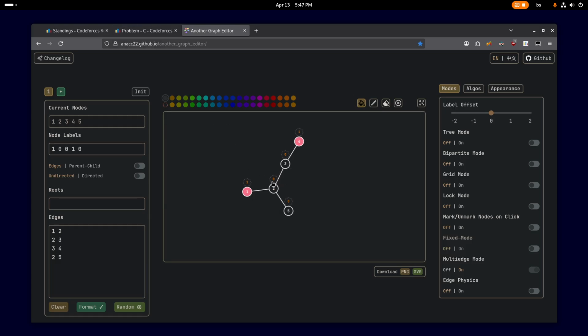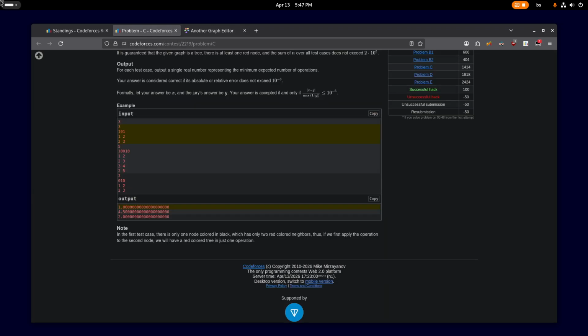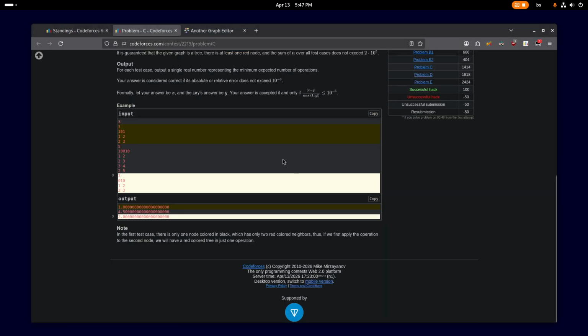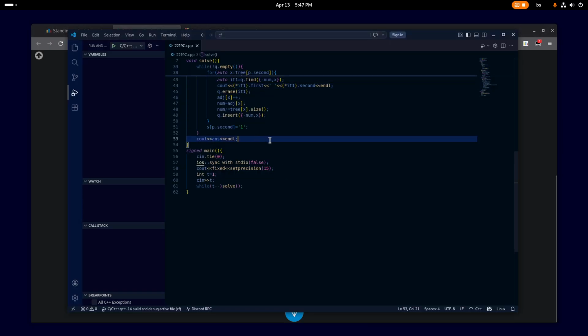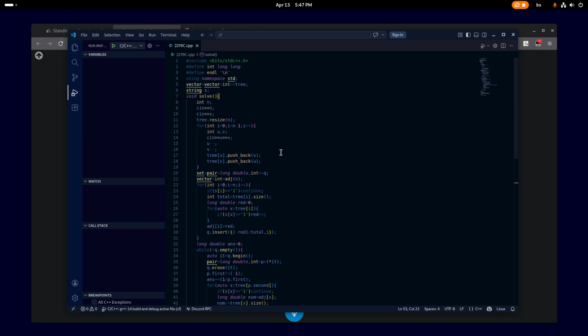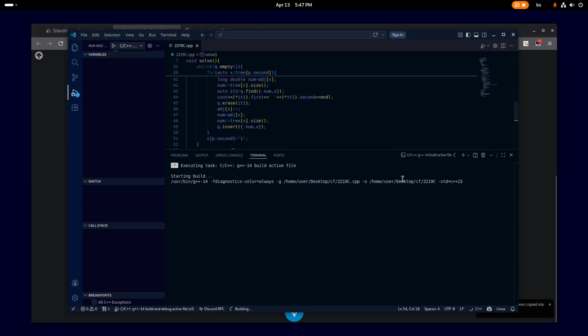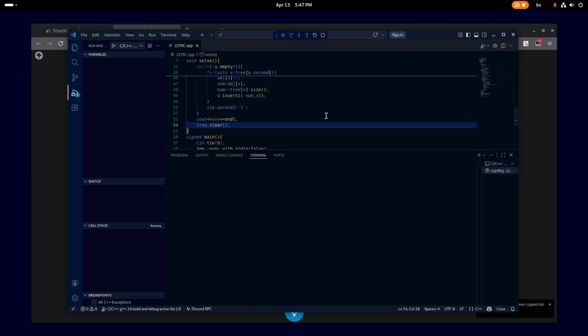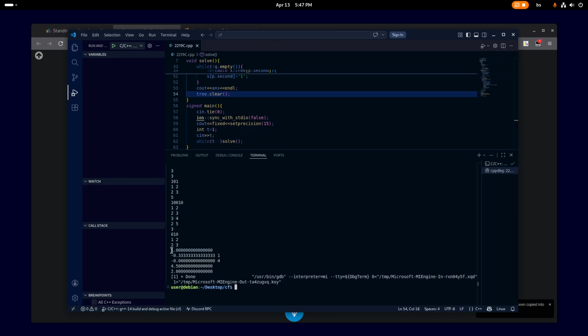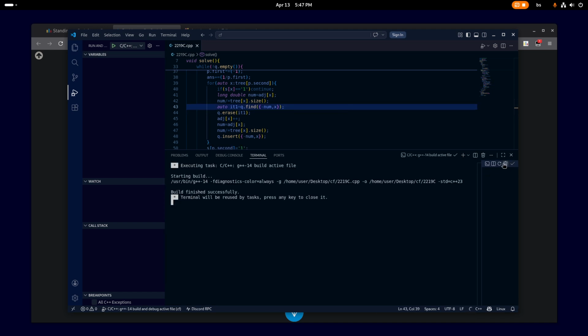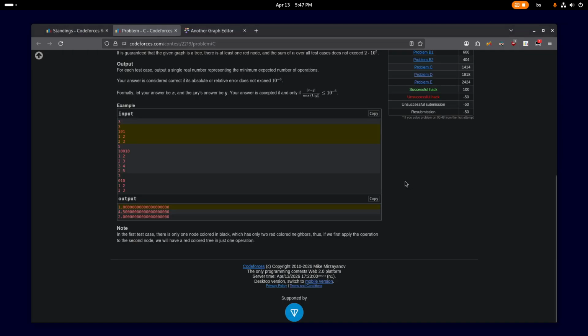I thought it's best to first do two and then the other ones. That probably means I forgot to clear this. 1, 4.5, 2. Okay, now just delete this one, and this should be fine. I mean, this passes samples, right?